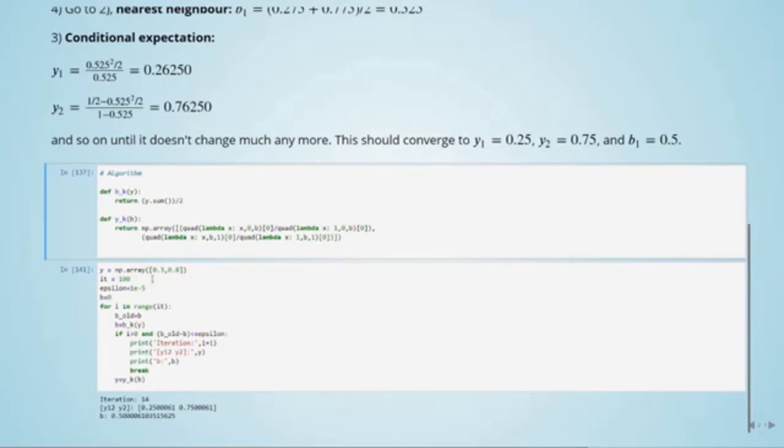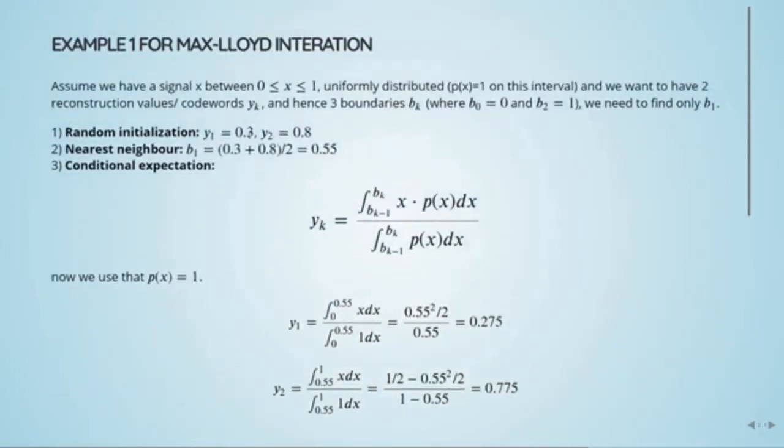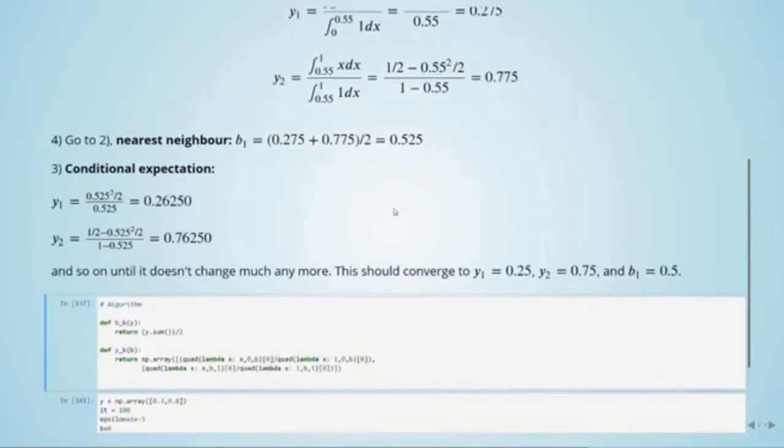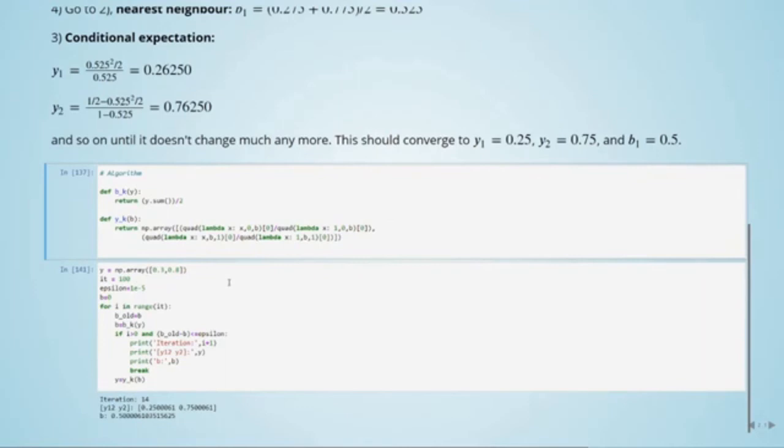So we randomly initialize our y, so there's y1 and y2 exactly like we did here, 0.3 and 0.8. We will define a certain number to iterate, so we go for 100 iterations, and we are defining an epsilon, so this is the small change.